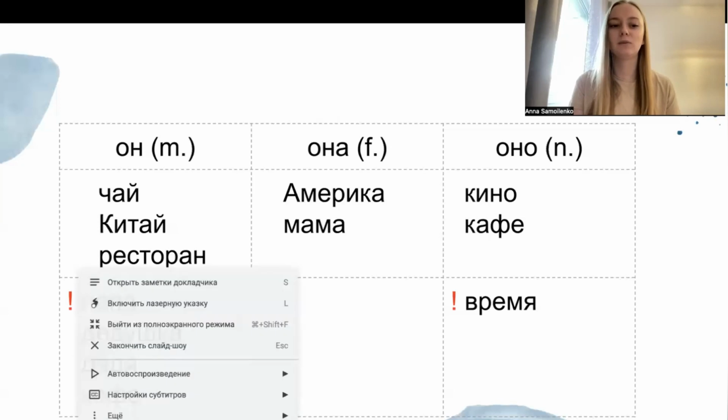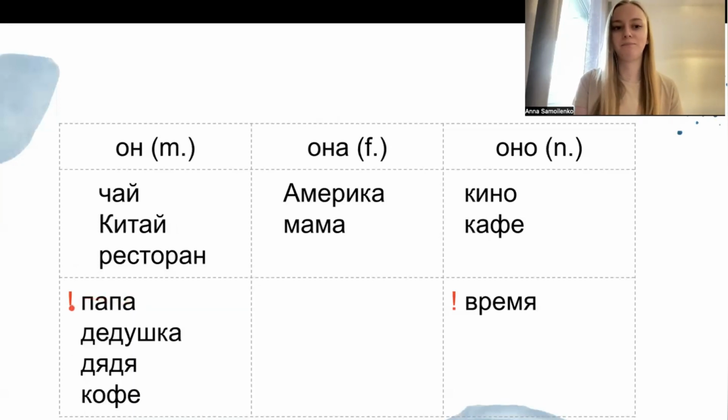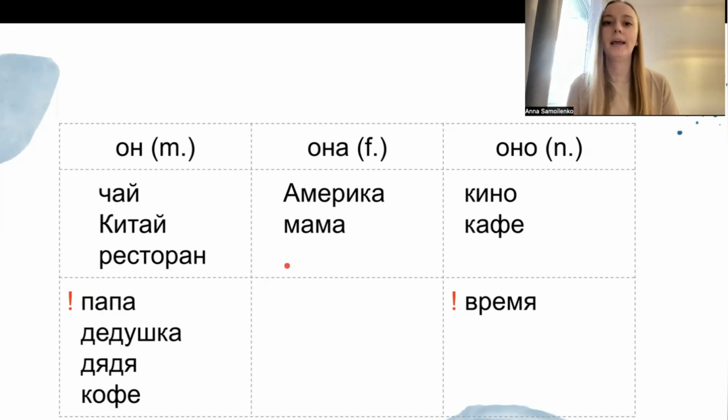You can see the word папа, papa. Папа is father. So normally, if you put it in the column она, it's absolutely okay, because I said to you that we have ending a and it is feminine gender.